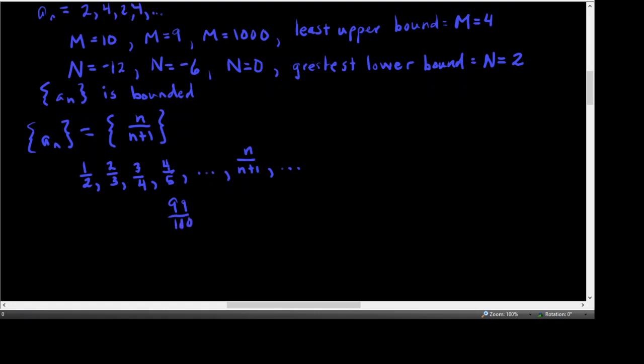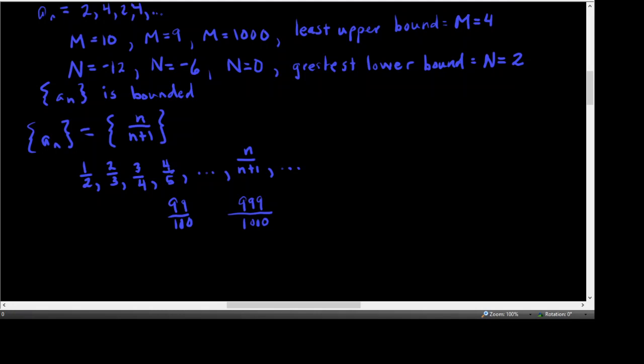And eventually we'll get to 999 over 1,000. And so, will these ever have a numerator that's equal to its denominator? No. Will the numerator ever exceed the denominator? It's not equal to it ever. Will it ever be bigger than the denominator? The answer again is no.